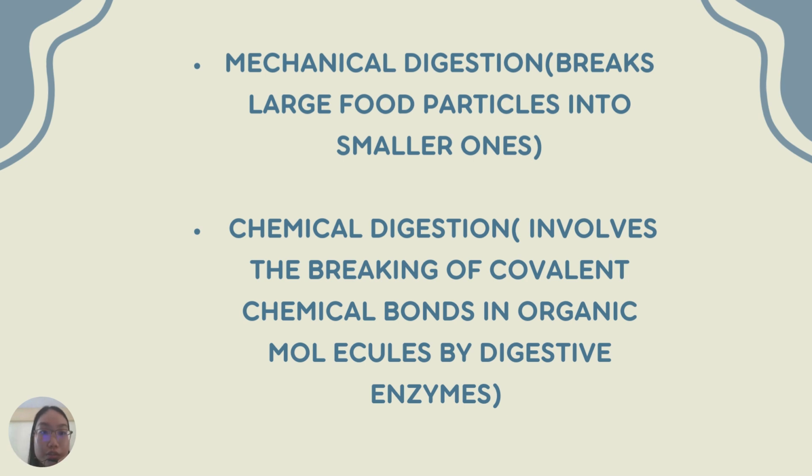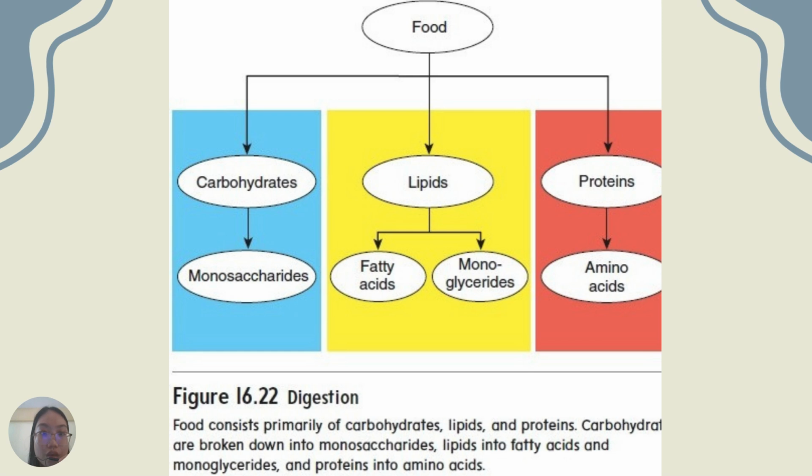There are two types of digestion: mechanical digestion, which breaks large food particles into small ones, and chemical digestion, which involves the breaking of covalent chemical bonds in organic molecules by digestive enzymes.